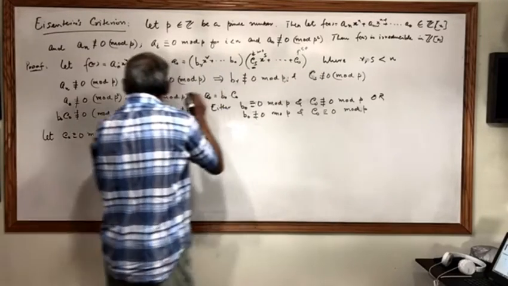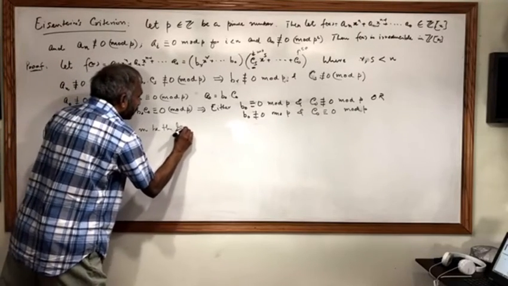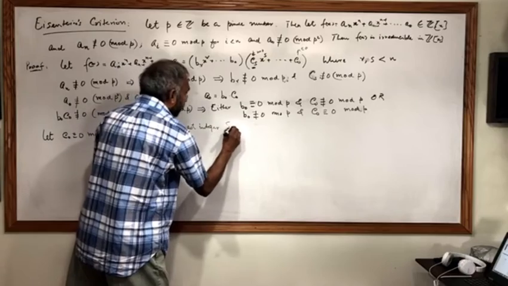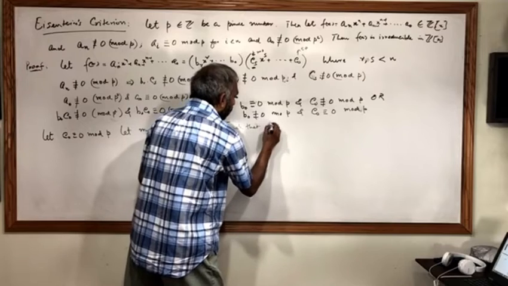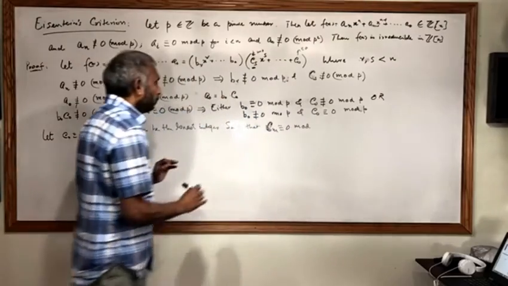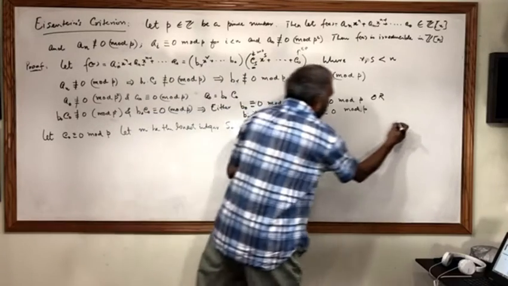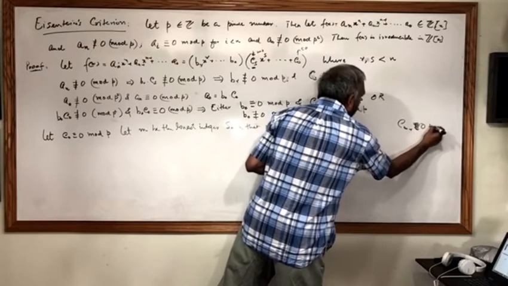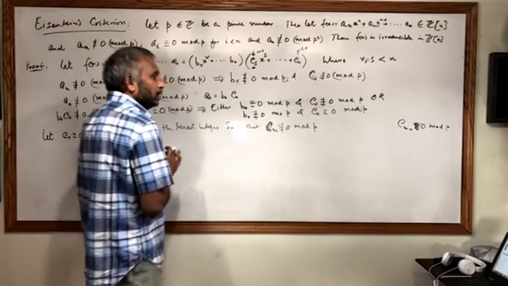So we'll say let m be the lowest integer such that cm is not equal to 0 mod p. Then cm minus 1 is going to be congruent to 0 mod p. Only up to this it is not equal to 0. After that it is zeros.